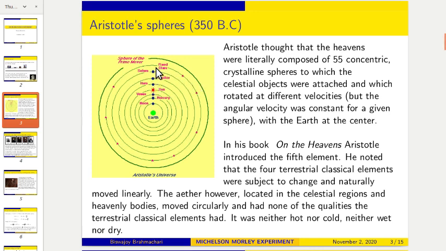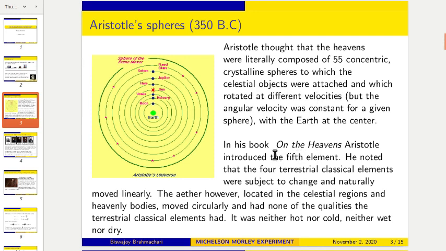Then all the stars were in a fixed, rotating sphere, and before that there was the sphere of the prime mover. That was perhaps hypothetical. So there were 55 concentric crystalline spheres to which the celestial objects were attached.